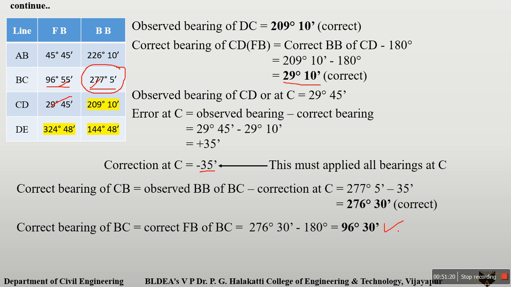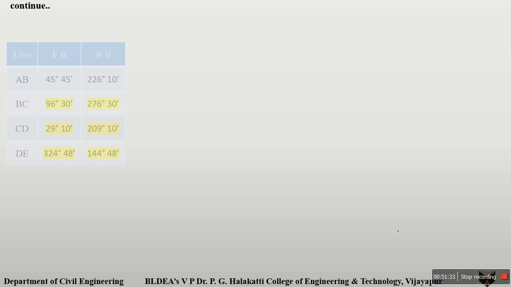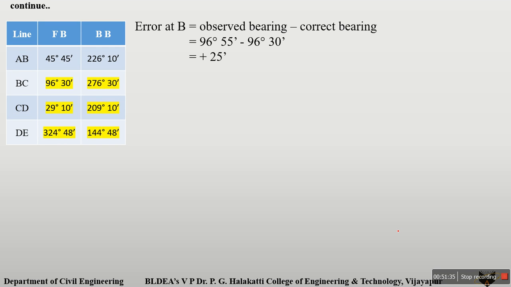The difference of these two will give the correction at station B. So observed back bearing of BC at B is equal to 96 degree 55 minutes. I have written the corrected bearings here. Remaining is this one.